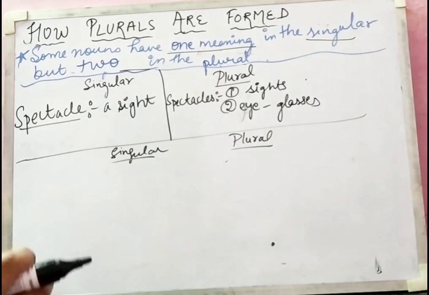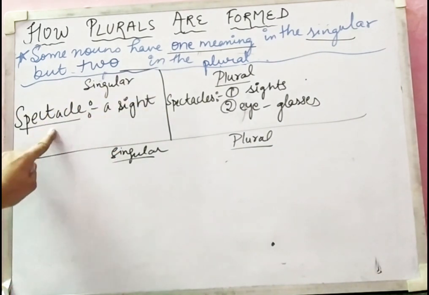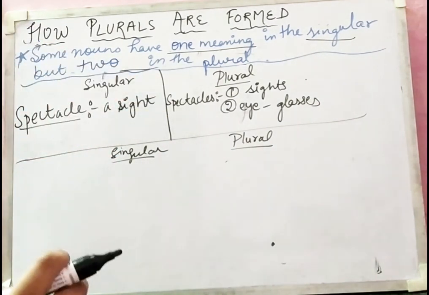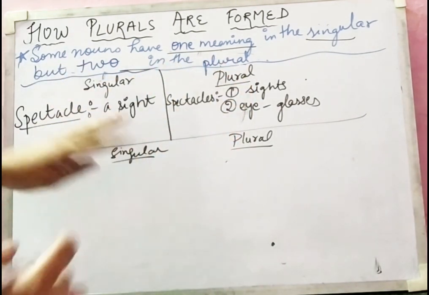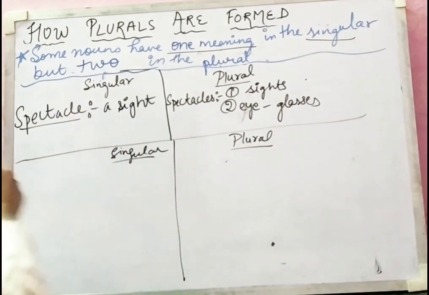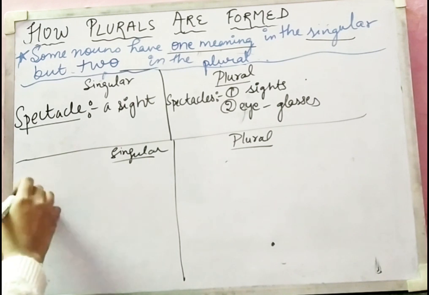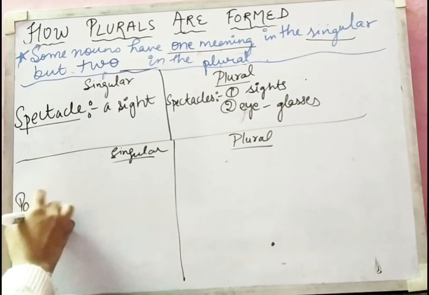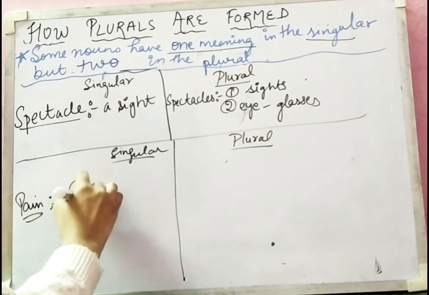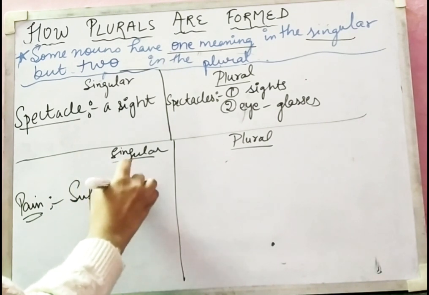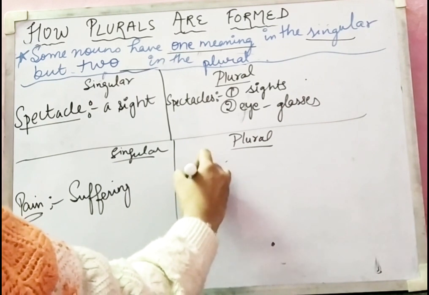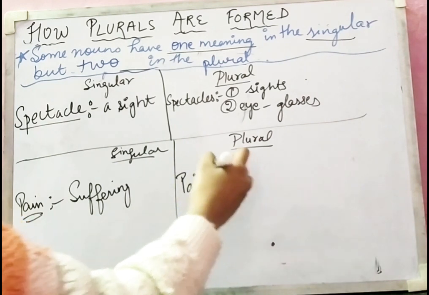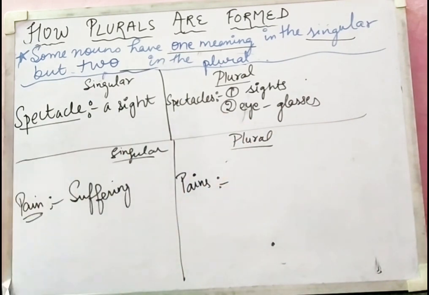Similarly, I think I should take one more example. I think this much is clear that spectacle has one meaning, that is sight, देखने की क्षमता, and plural spectacles: sights, eyeglasses. Similarly, we will be doing with this also. I will be taking one example, that is pain. Pain, I think the meaning is suffering. Similarly, here this pain will become pains because this is plural.